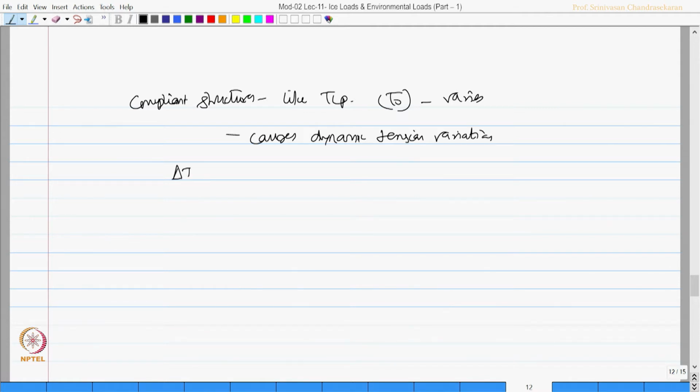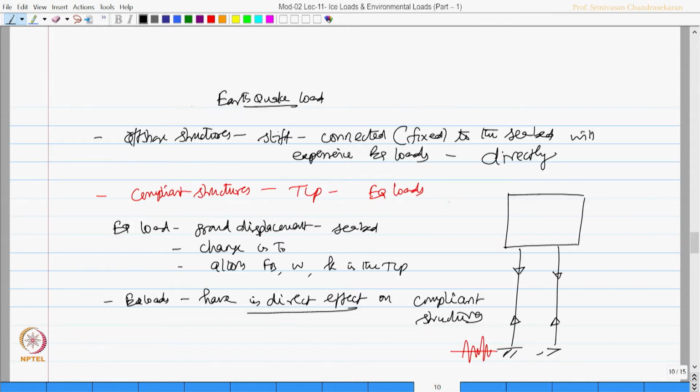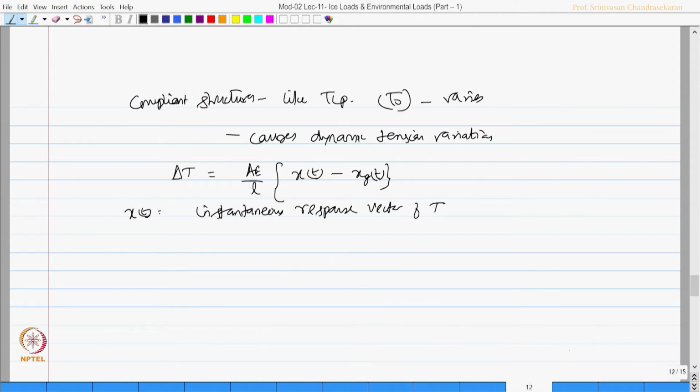So, this variation is given by a factor of the axial stiffness, which is x t minus x g of t, where x t is the instantaneous response vector of TLP, and x g of t is ground displacement vector.